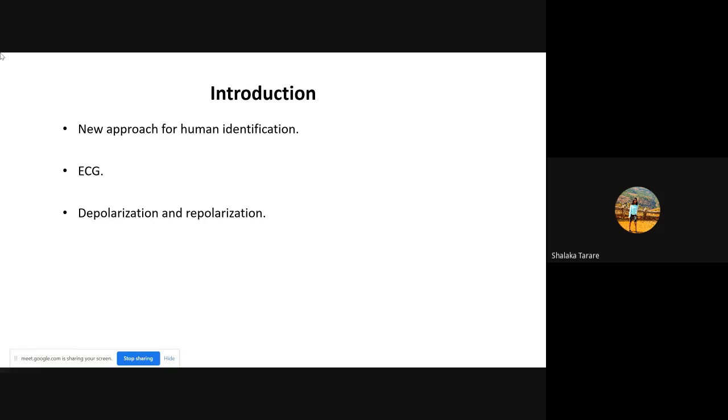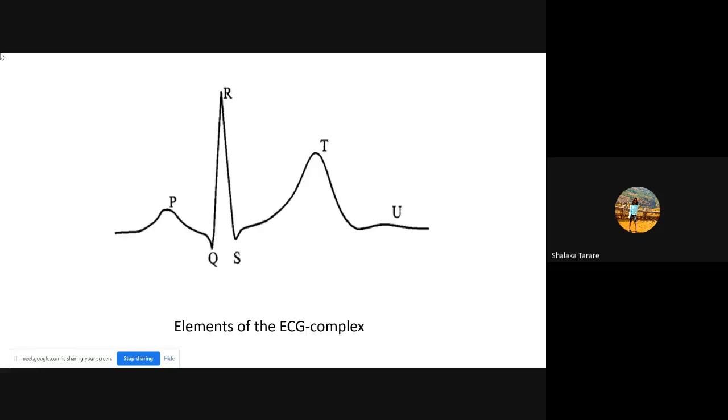The depolarization phase corresponds to the P wave, that is atrial depolarization, and the QRS wave, the ventricle depolarization. The repolarization phases correspond to the T wave and U wave, that is ventricular repolarization. The elements in the ECG complex are shown in this figure.